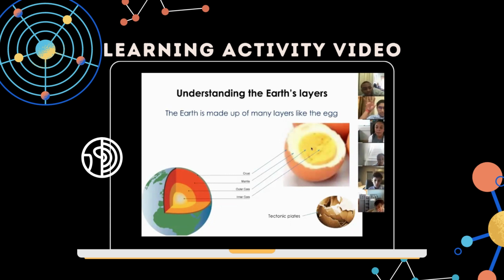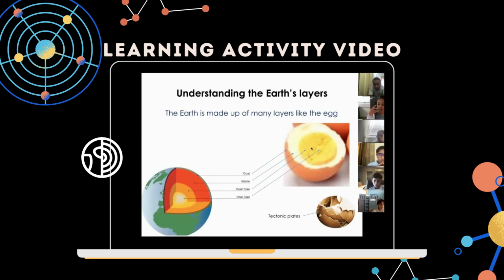Okay, Arian. Well, the cracked eggshell will be like the tectonic plates. Excellent. And that's what we're learning about today, the tectonic plates. So the cracked shell that you see here is comparable to the crust of our earth because our crust is not just one solid shell.